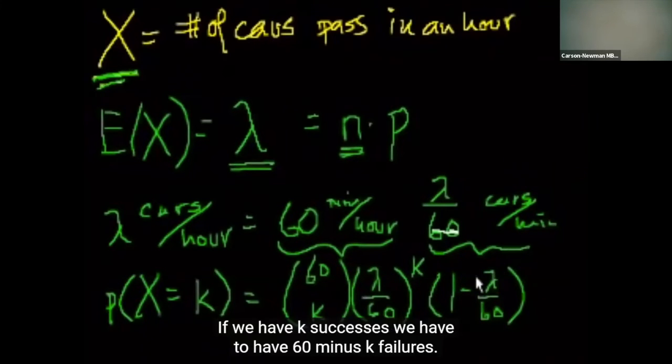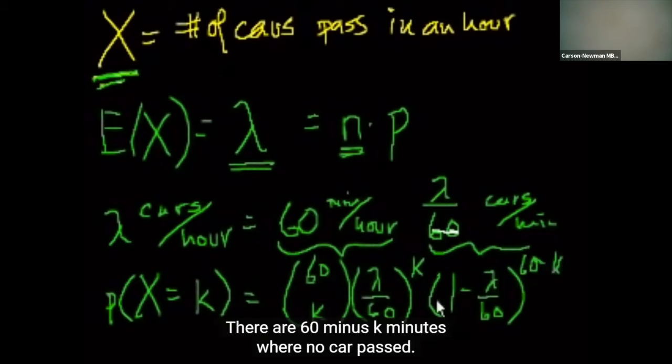If we have k successes, we have to have 60 minus k failures. There are 60 minus k minutes where no car passes.